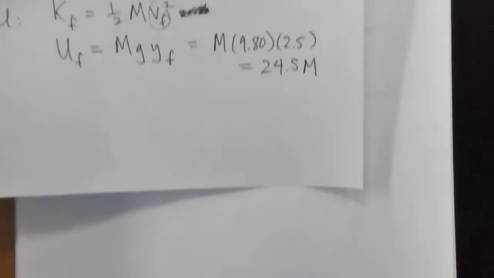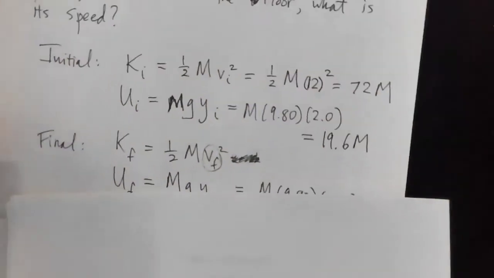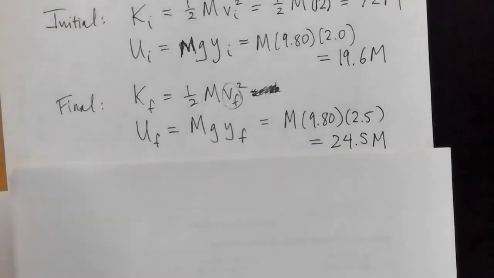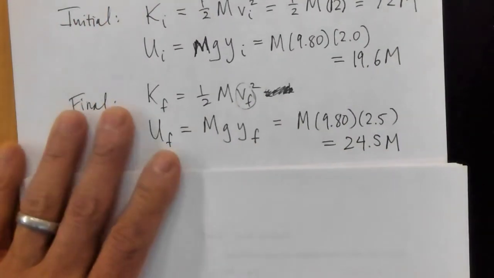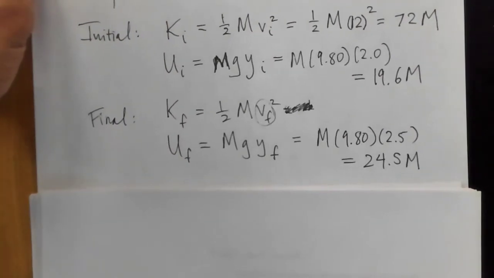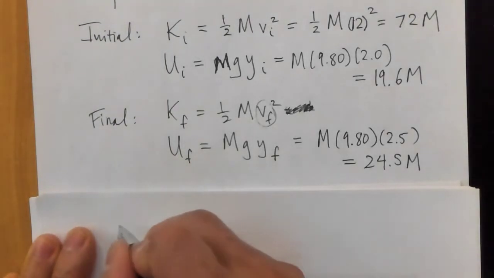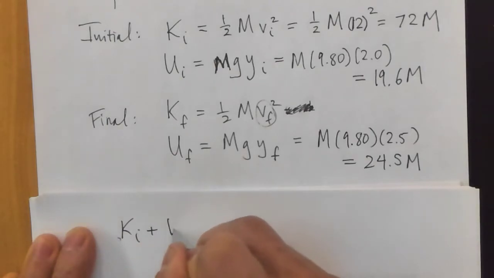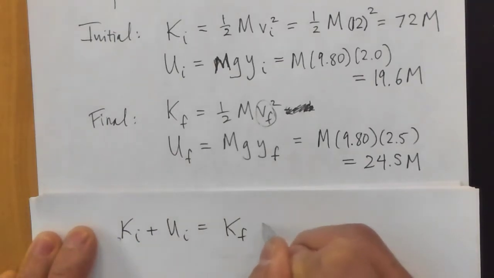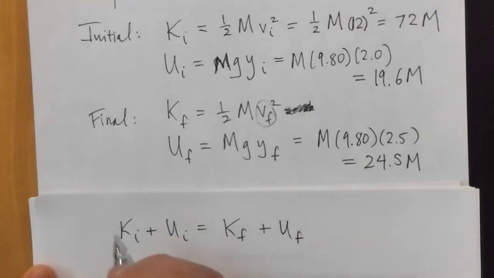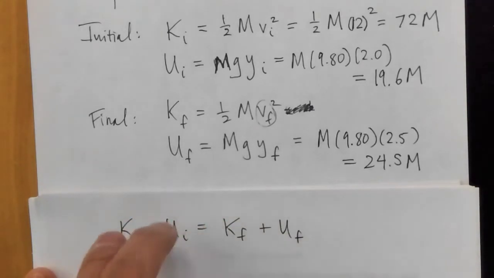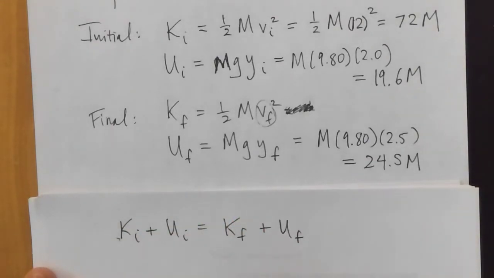Okay. Now we'll use that magic formula that total mechanical energy is conserved. Conservation of energy. So the way I like to write it down is just simply, I write Ki plus Ui is equal to Kf plus Uf. Right? And then I just plug in all of the things we know. Okay?